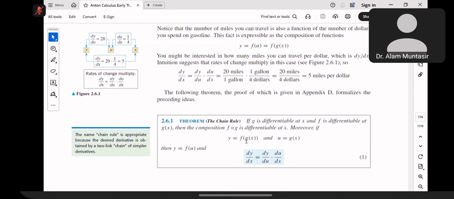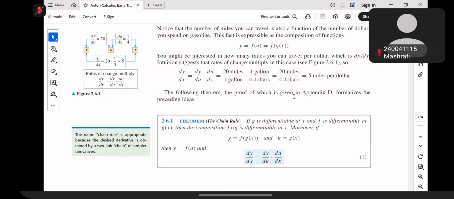Just replacing g(x) by u gives us y as a function of u. Now we take the derivative of y with respect to x. First we take the derivative of y with respect to u, and then u with respect to x, and multiply them together. This is known as the chain rule. I hope you can recall this formula.